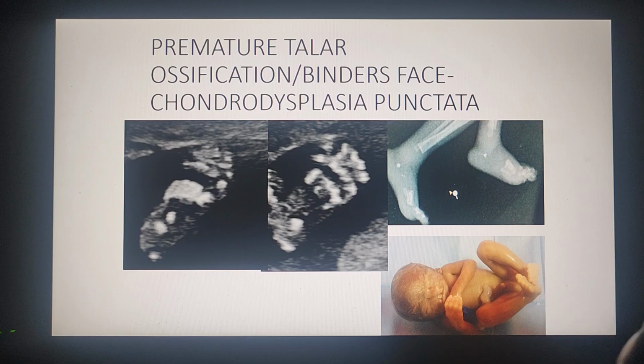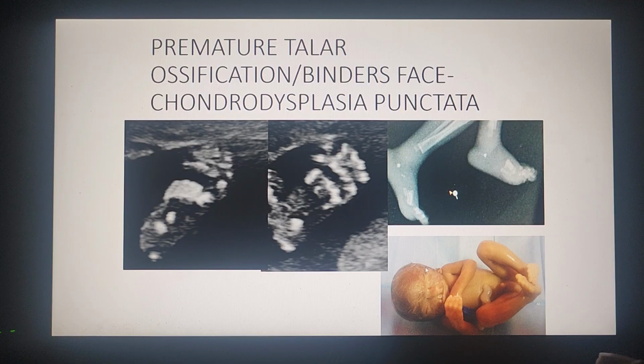So if at 18 weeks or before 20 weeks one is able to show premature ossification of calcaneum or talus, then we suspect the association of a chondrodysplasia punctata. Of course, we need to prove that by an amniocentesis and a CDP gene assessment by exome sequencing.